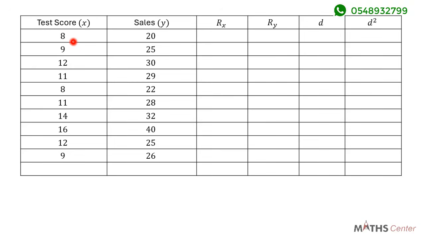Now we are going to rank the test scores. That will be Rx. As you can see, some of the test scores occur more than once. So for example, 8 occurs twice, 9 also occurs twice, 12 occurs twice, and 11 occurs twice.